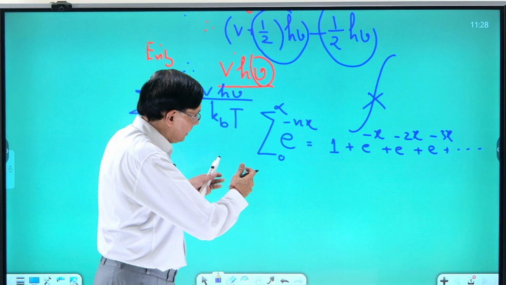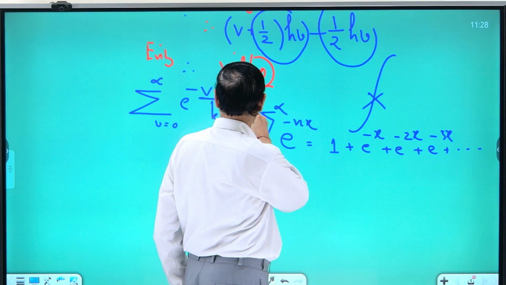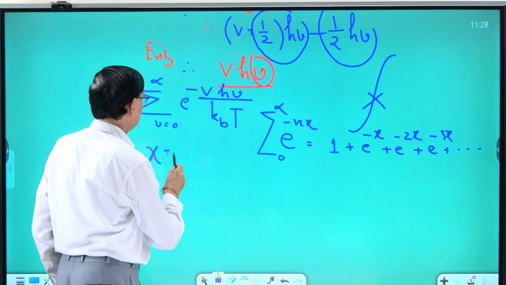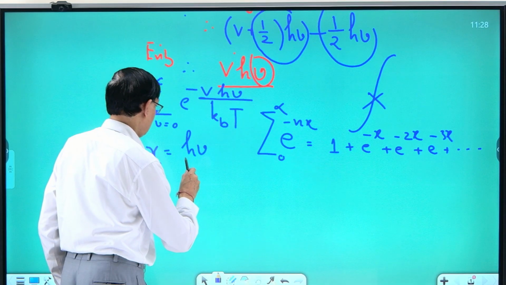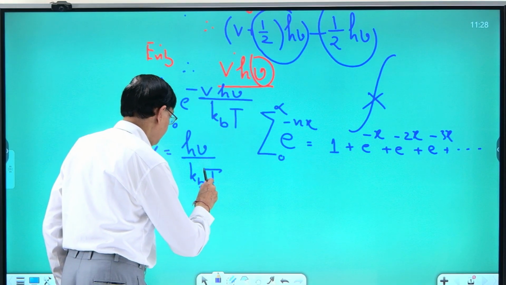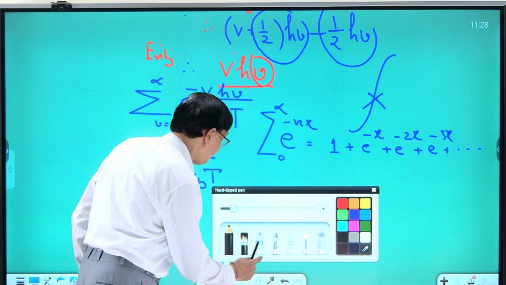Similarly, it's a geometric series. If I write x is equal to h nu divided by Kb T, what can I write? Again, I can write it in red color.